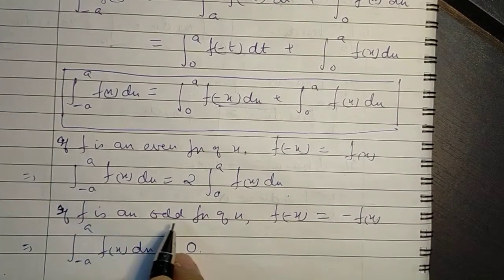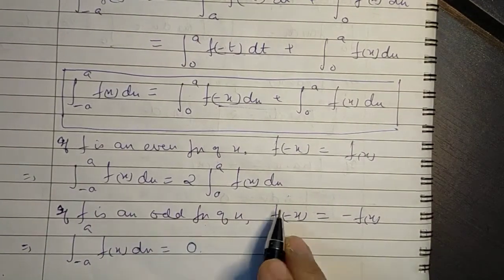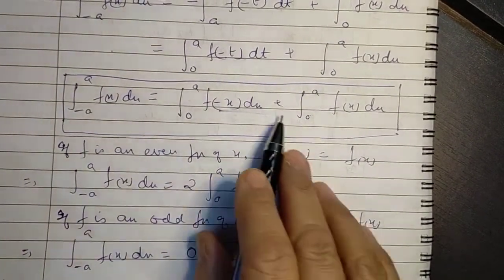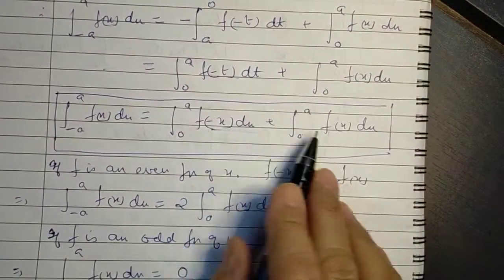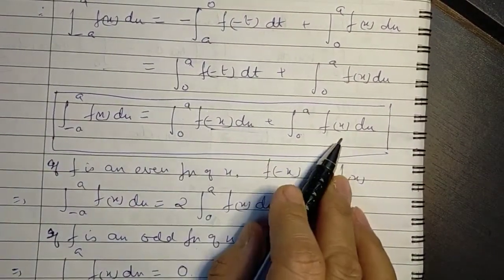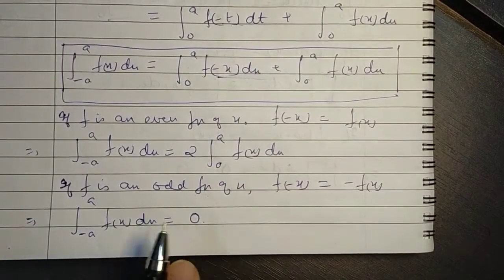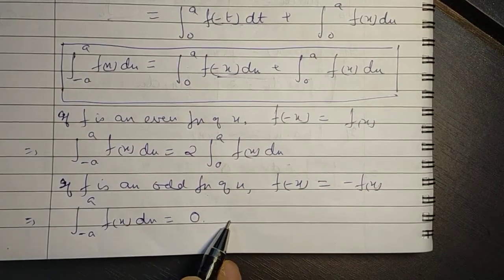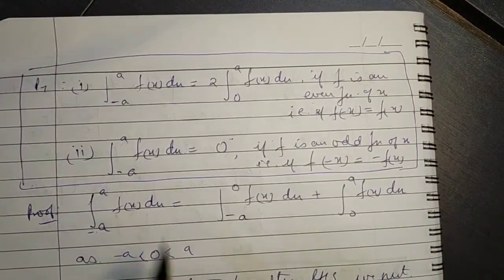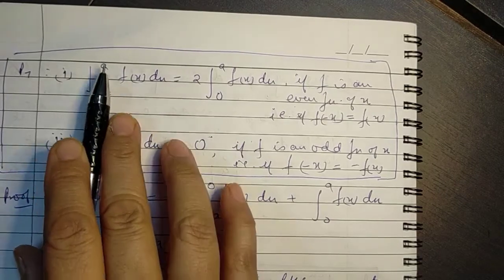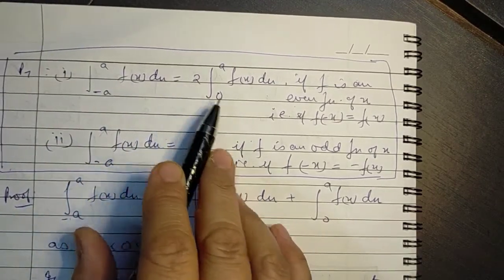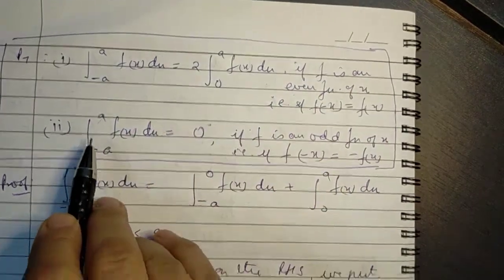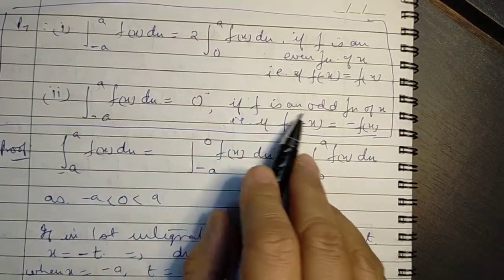Whereas if f is an odd function of x, we know that f of minus x is minus f(x), and so these two become identical integrals, but one is negative and one is positive, they get cancelled and give us 0, and so we get integral minus a to a f(x) dx is 0. And so we can say that integral from minus a to a f(x) dx is twice the integral from 0 to a f(x) dx if f(x) is an even function, whereas it is equal to 0 if f is an odd function of x.